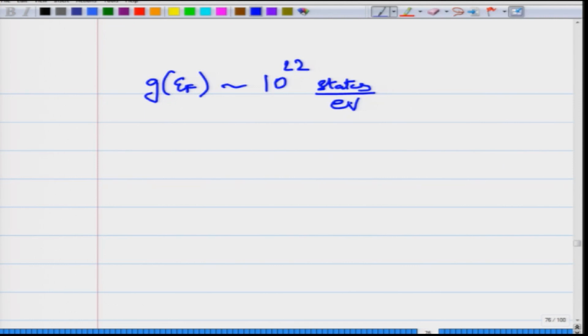That means such a large number of states are present per interval dE at E_F.